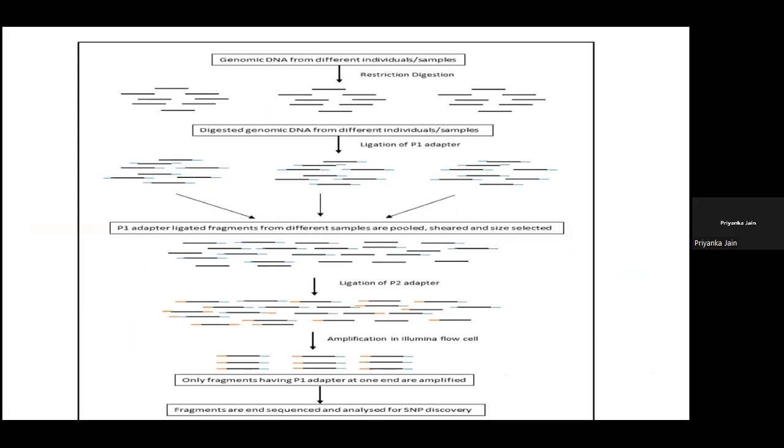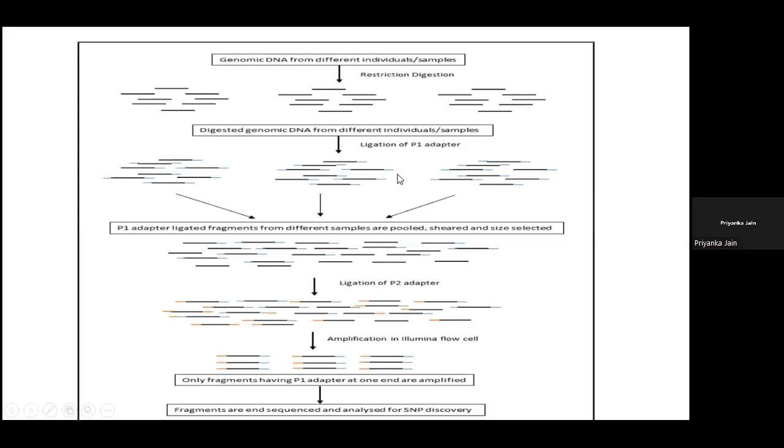Okay, so here I feel my slide is completely visible. So in genotyping by sequencing, the genomic DNA from different individuals is first restriction digested. Then, in the digested DNA from different samples, ligation of the P1 adapter is done.